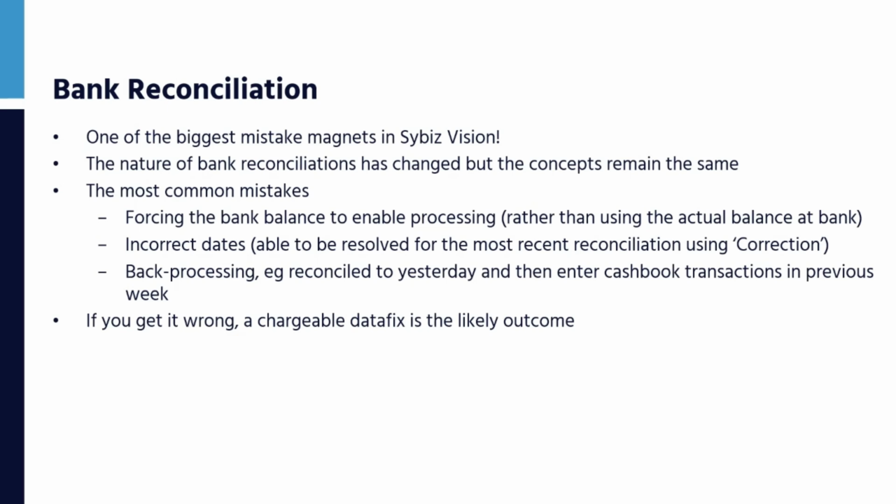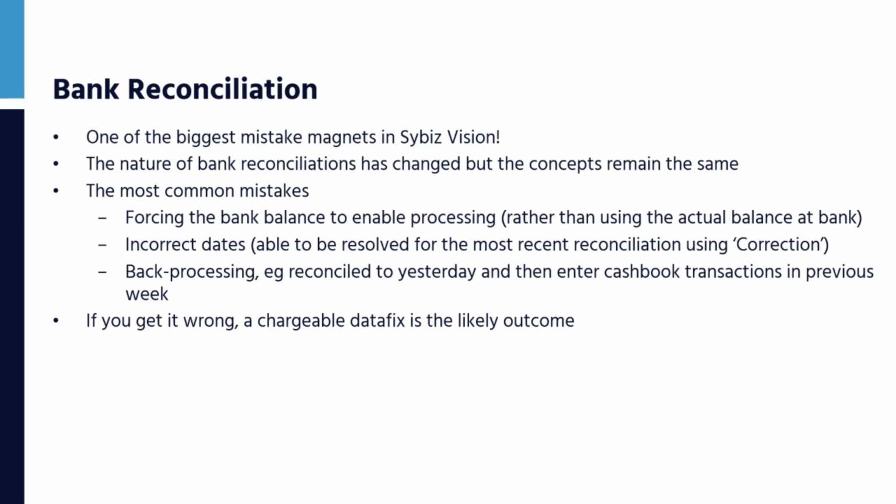The example we give is that you've reconciled to yesterday, and then you enter cash book transactions for last week. You've already reconciled up to that date, so you shouldn't be back posting. One of the things that we regrettably have to do from time to time is a chargeable data fix, where we log in and fix your bank recs for you if you have made these kinds of mistakes.